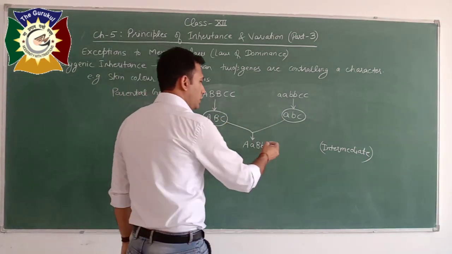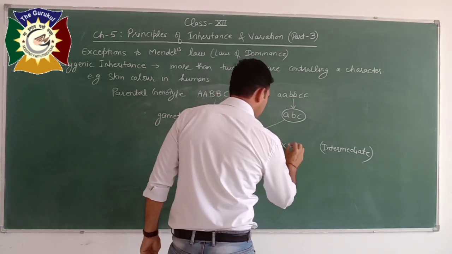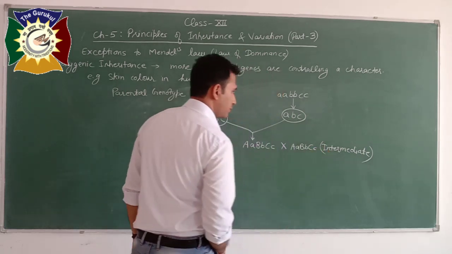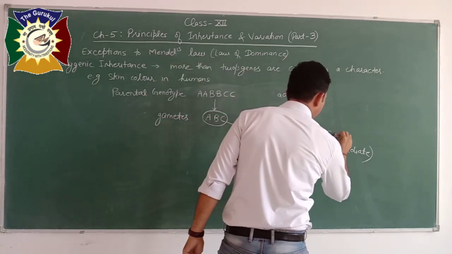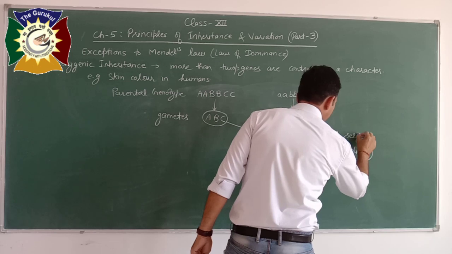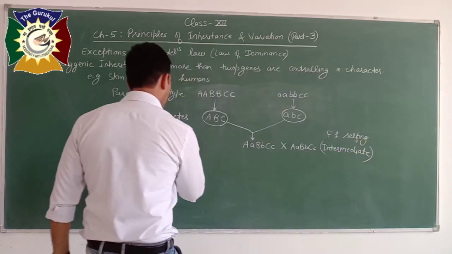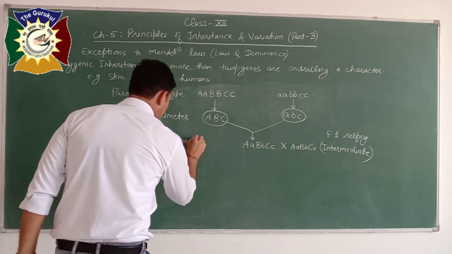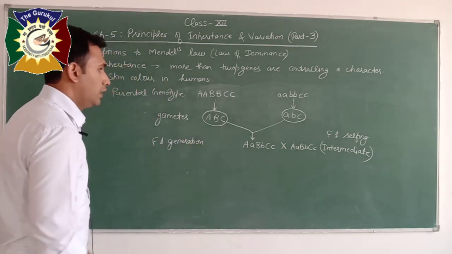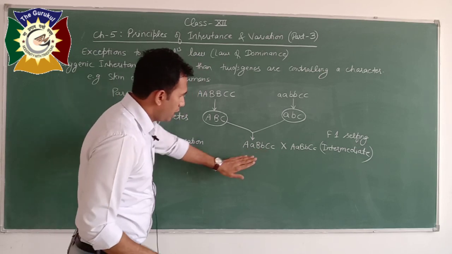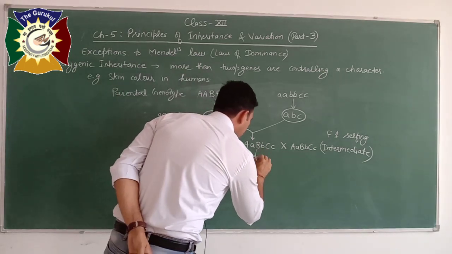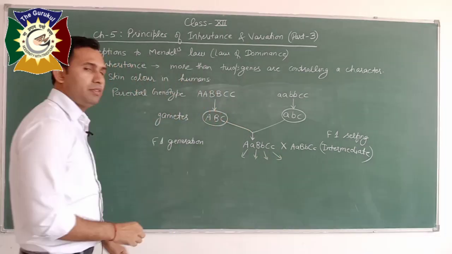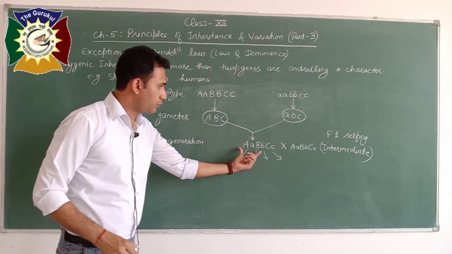Now if we are going to do selfing of this, so this is F1 selfing, this is F1 generation. Now at this time, how many different types of gametes will be formed from here?